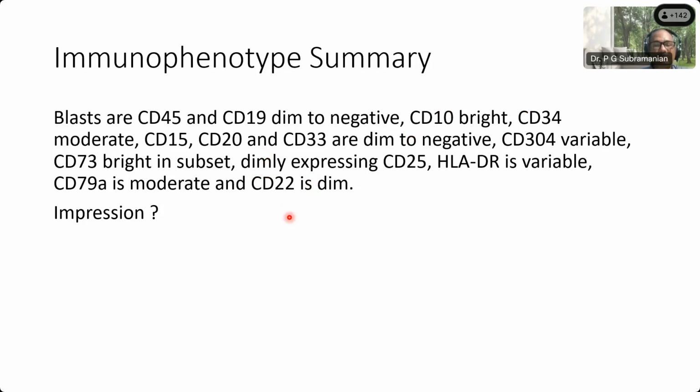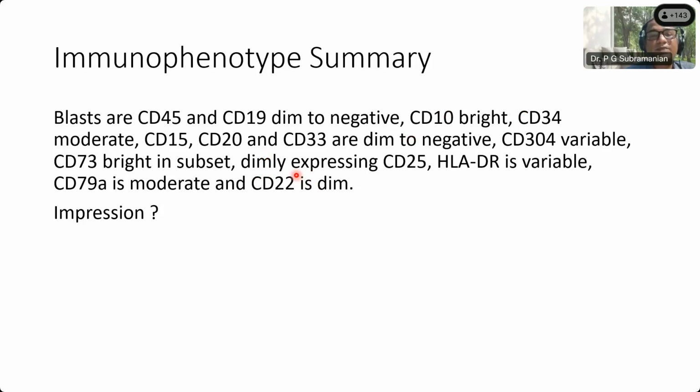If, for example, you didn't do 22, so your lab didn't have 22, what would you have reported this as? Suppose your lab didn't have CD22. Any of you can come in?